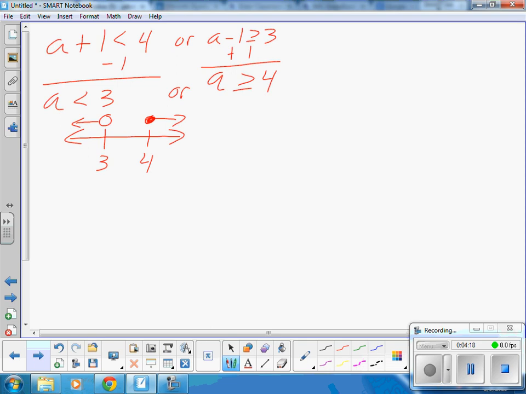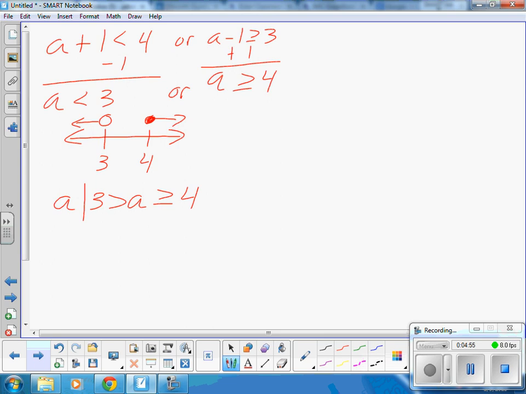Remember, the solution set is the union of those two. So our solution set is all values of a such that a is less than 3, or a is greater than or equal to 4. So a needs to be less than 3, or a needs to be greater than or equal to 4.